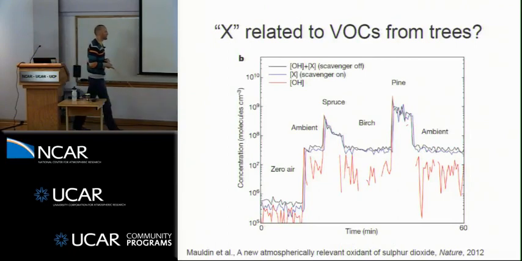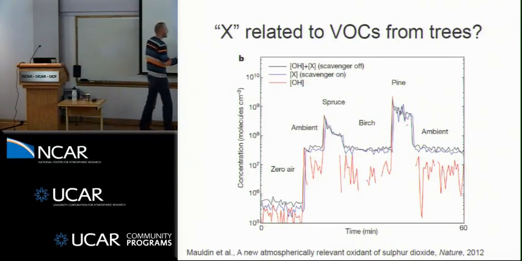They did experiments where the concentration of sulfuric acid through the black line is measured, and then the OH is what they would get through the calculation, that's this red line, and then the blue line is the amount of sulfuric acid that was formed through some other oxidant.